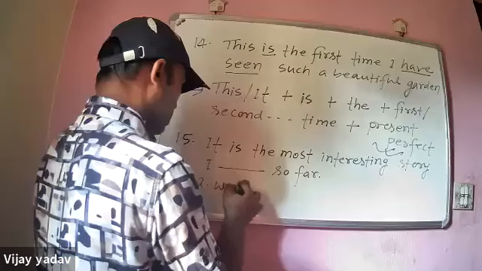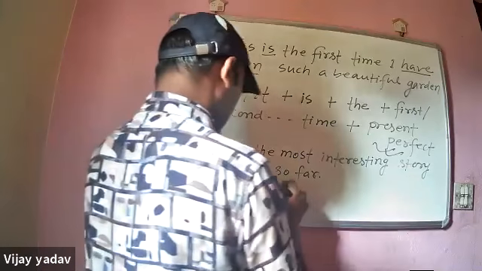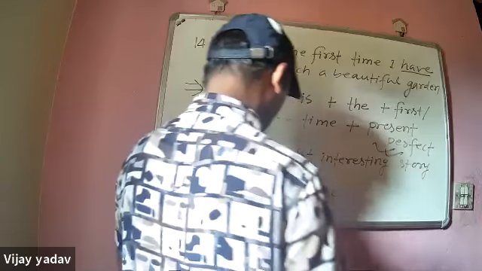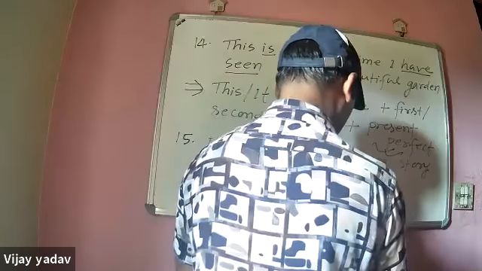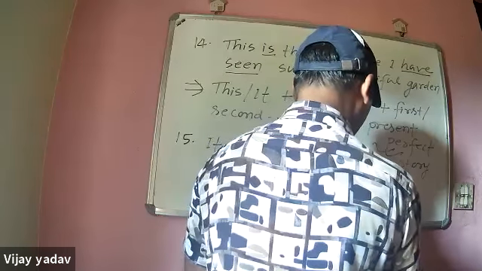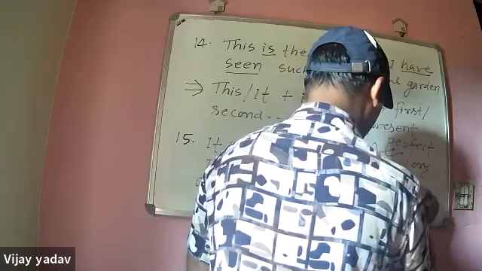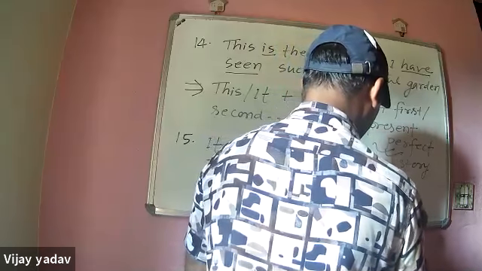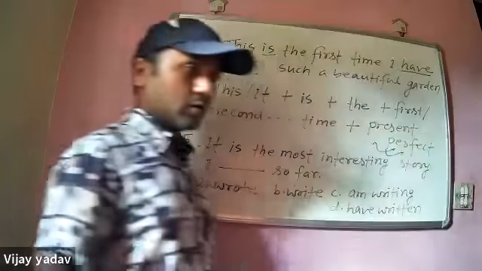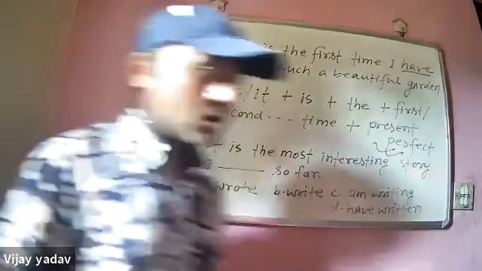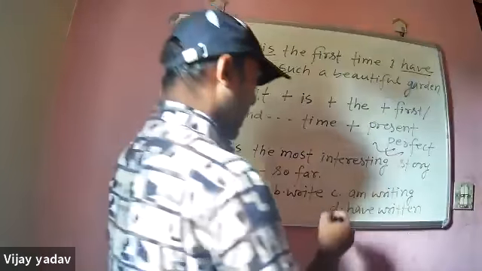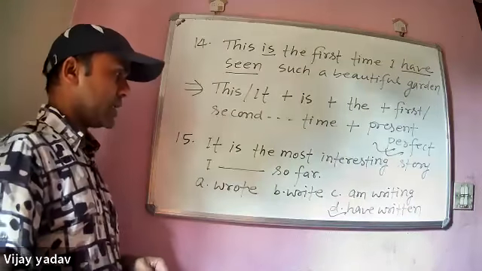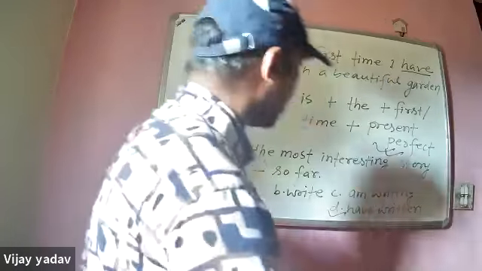Option: wrote, write, am writing, B, have written. Okay. What do we use? Option D, have written. Correct. It is the most interesting story I have written so far.